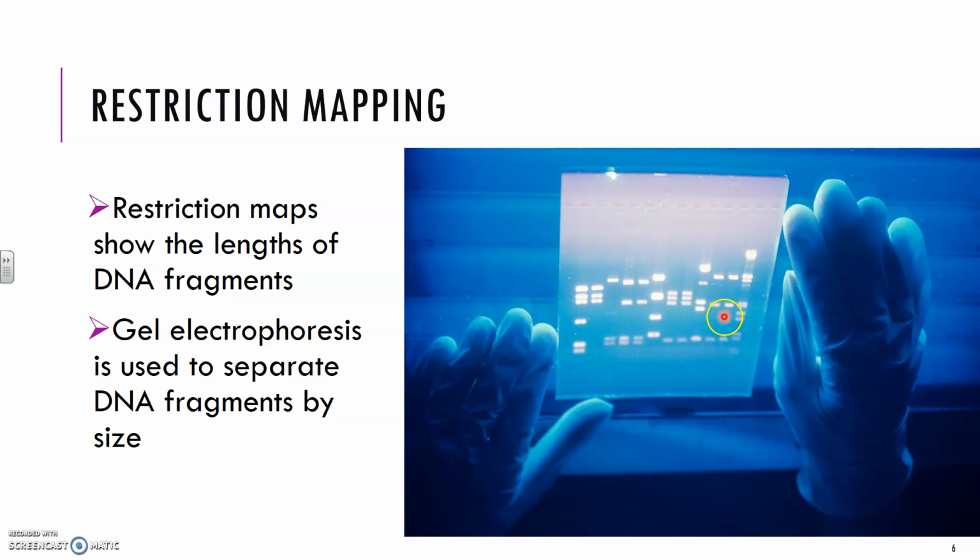So if, say, these two fragments here are in line with each other, you know that this fragment from your unknown sample is almost the identical size as this one from your ladder. So you can tell what the size of this fragment is based on its relation to the ladder here.